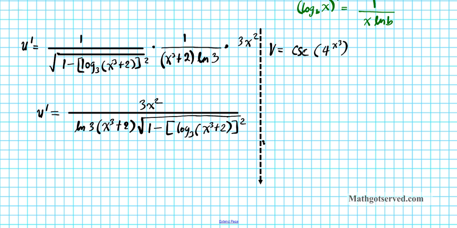To find v prime, we're going to be using the derivative of cosecant and also the derivative of a to the x formula. Let's list the formulas before we find v prime. The derivative of cosecant x is negative cosecant x cotangent x.